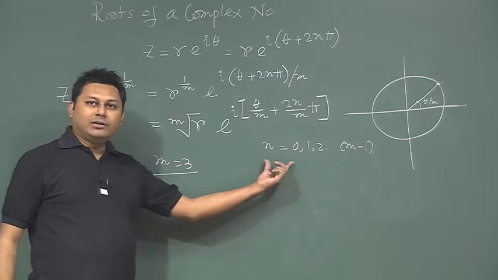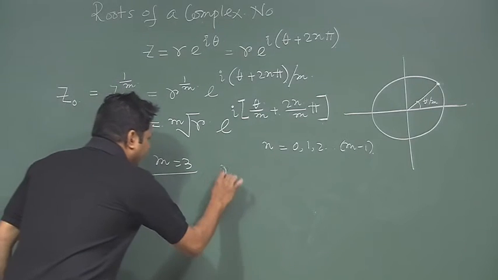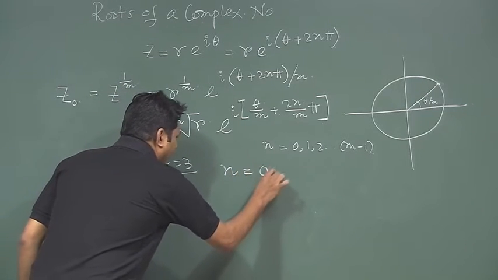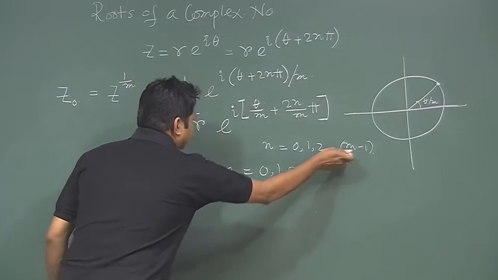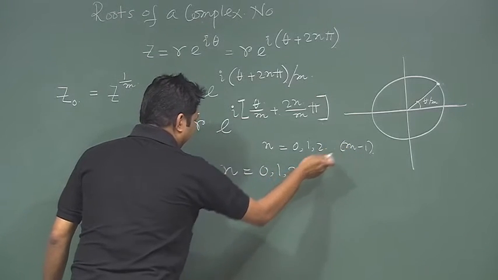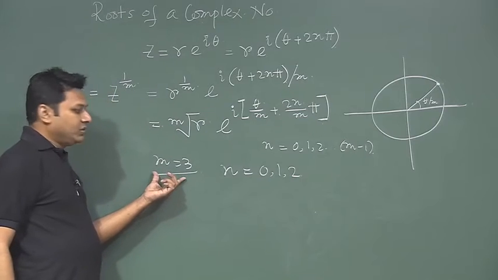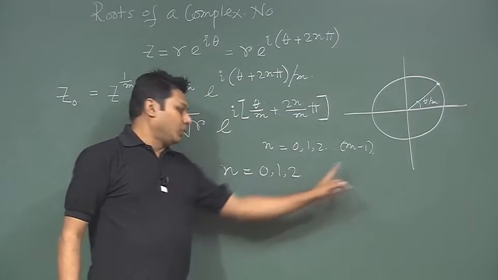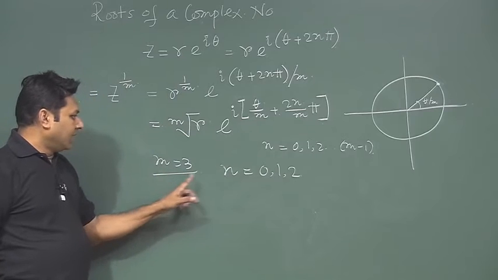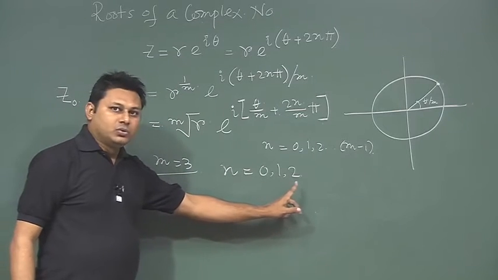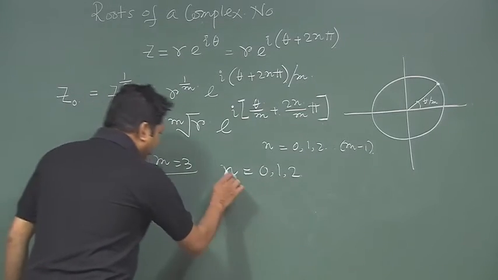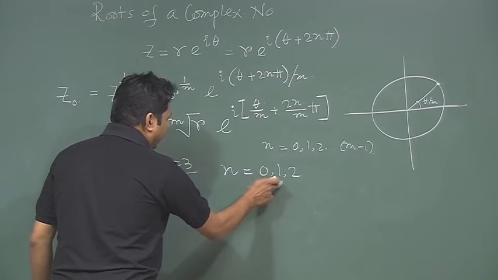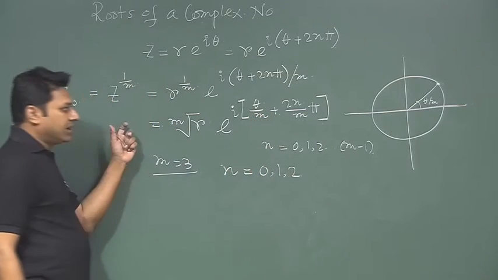So, how many n values you will have? n will be 0, 1 and 2, not 3, because if n is 3 then n and m will become same. So, I need to go with m minus 1. So, whatever the m I have, 3, I need to have 0, 1 and 2. So, for each n, 0, 1 and 2, I will have one individual number here.